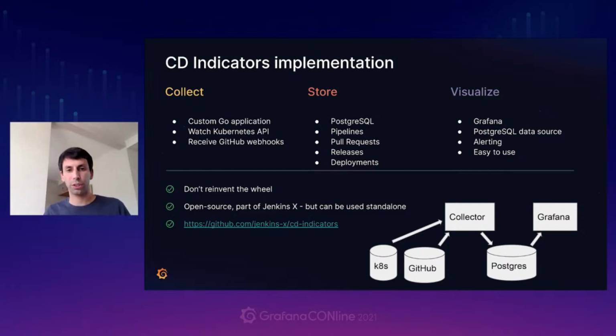Then we are storing everything inside a PostgreSQL database: the raw data for the pipeline, the pull request, release, deployment, and so on. And then we are deploying a Grafana instance and connecting it to our Postgres database using a PostgreSQL data source to be able to visualize and build dashboards and alerting.